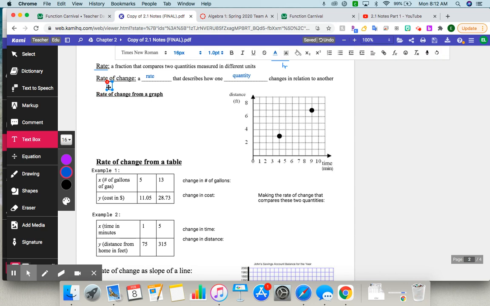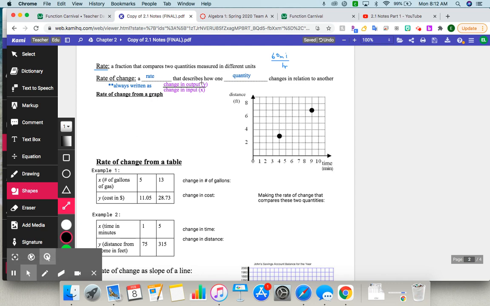So in this case, it's always written as the change in our output per the change in our input. We could also say change in output divided by the change in input. And since in a function or a relation we use y to represent output, and x to represent input, we might simply say the change in y divided by the change in x.